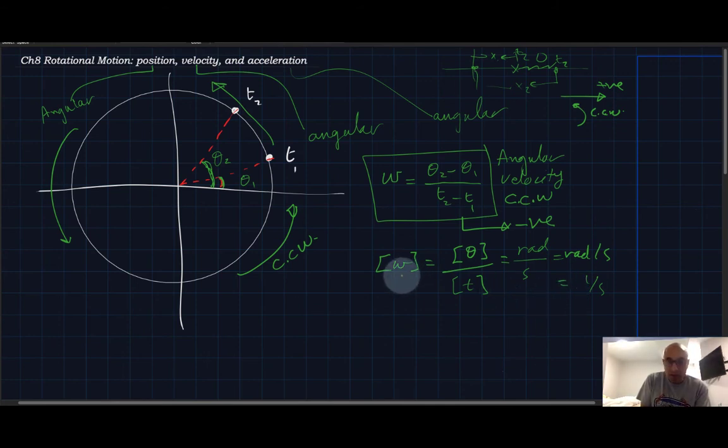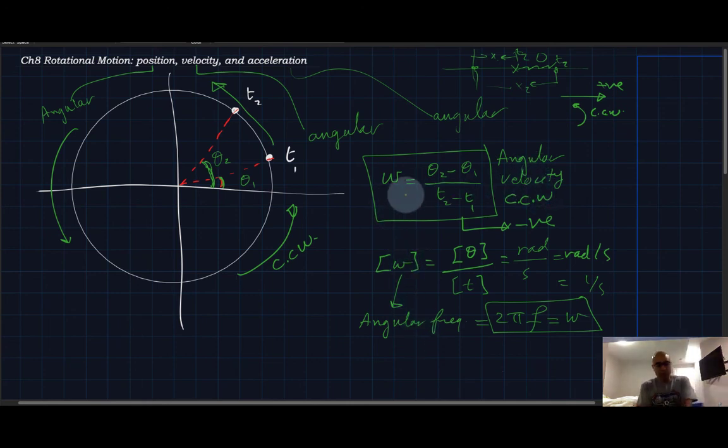However, this omega is not the frequency. This omega is known as the angular frequency. And the angular frequency is equal to the frequency multiplied by the angular part, which is 2 pi. So omega equals 2 pi f. That's another equation for the angular frequency, and we also call it angular velocity. Okay, just to give you a taste of how things could be integrated with each other. All right, good.